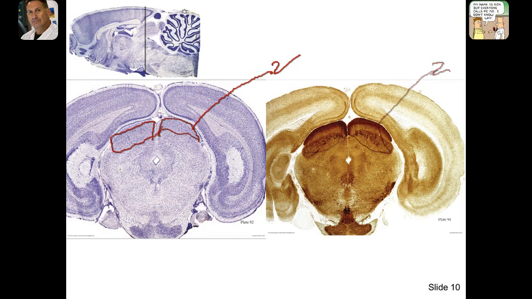This is the base of the pons here. This is the hippocampus.